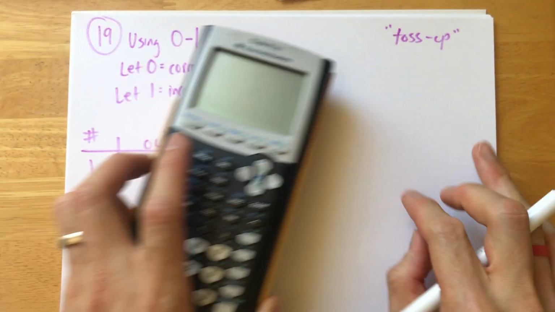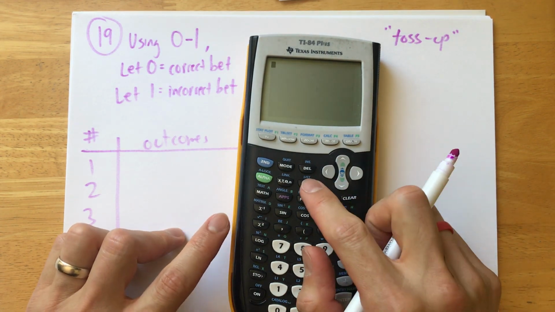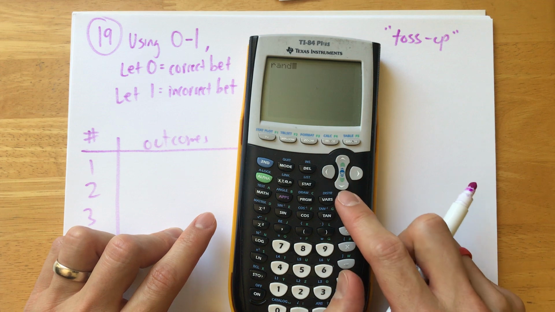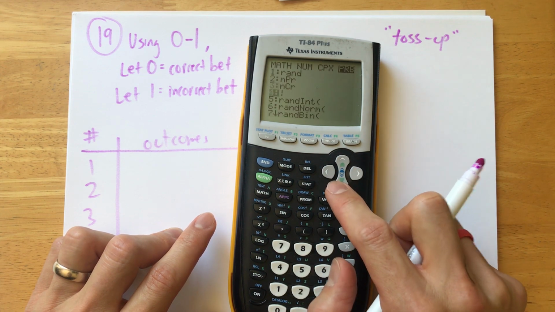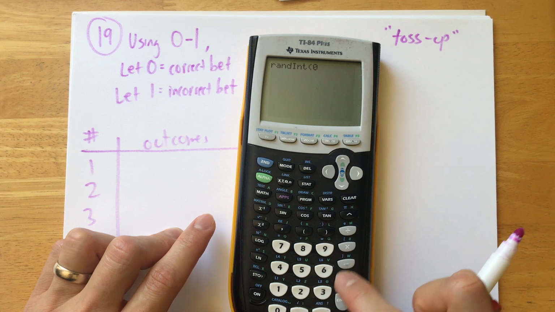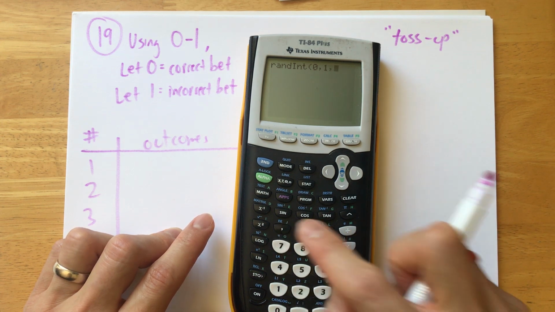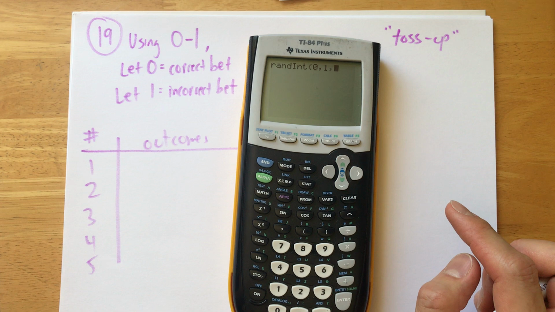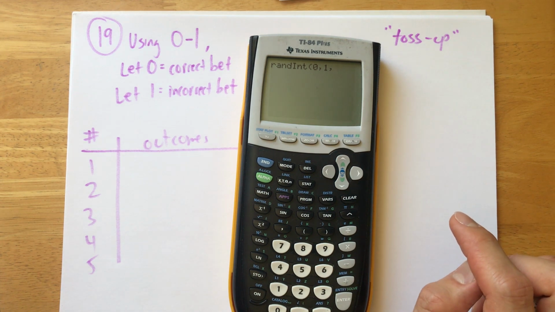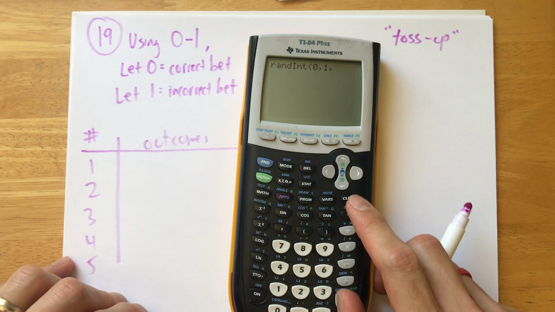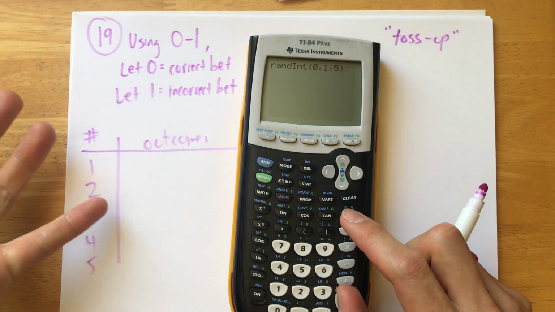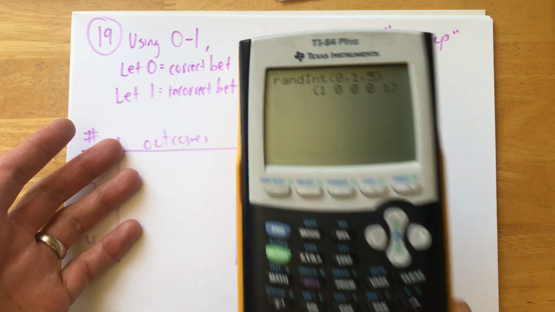So on your calculator, we're gonna do math PRB, the fifth option, and I'm gonna do 0, 1. If you read the context of the question, they choose 5 games, so we're gonna do 5 here, or you could just hit enter 5 times. That's totally fine too. But I'm just gonna choose these 5 values.